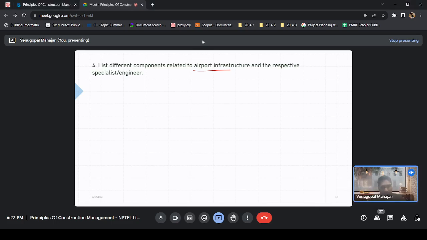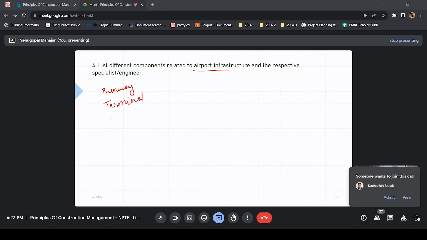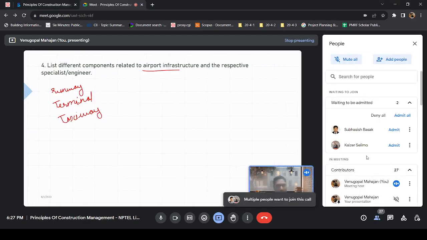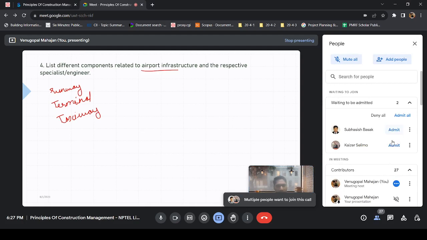Runway. Terminal, taxiway, apron. Arrival, departure buildings.